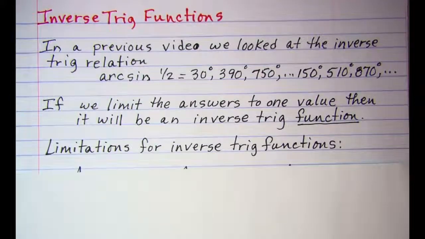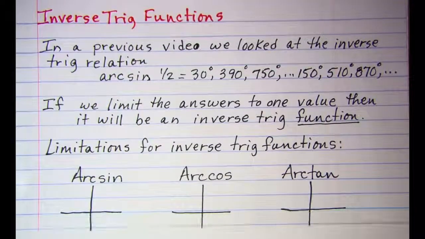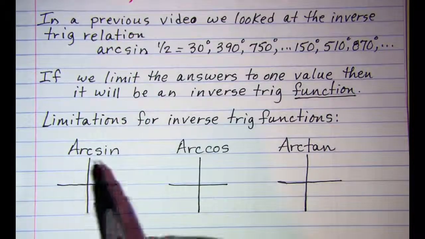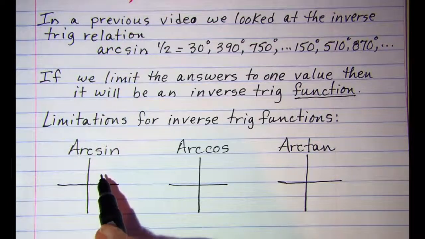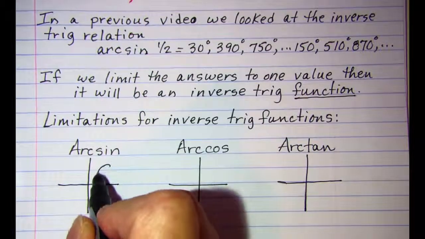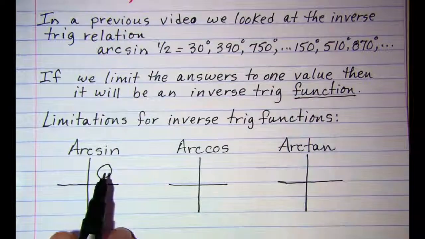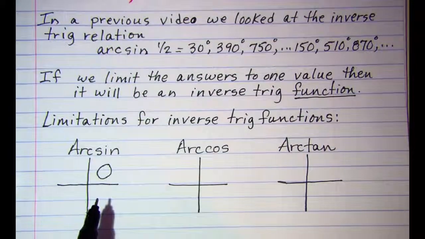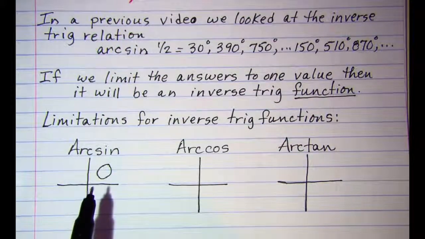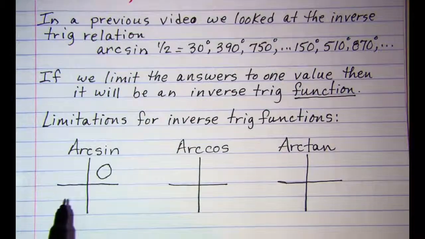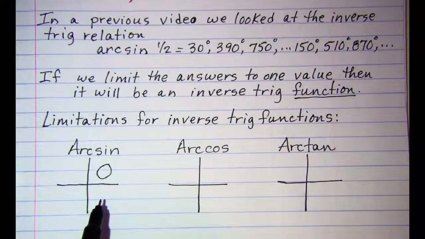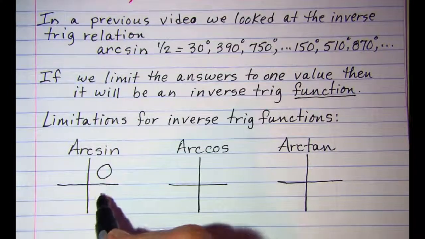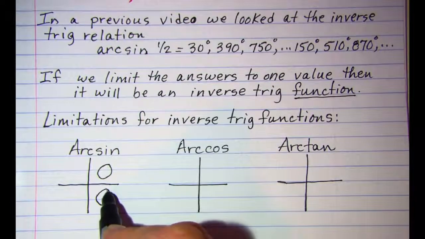So let's look at the limitations for inverse trig functions. If the ratio is positive, then we want to pick our angle in quadrant 1. Now we know also that the sine is negative in these two quadrants. So if our ratio is negative, we'll use the angle in quadrant 4.